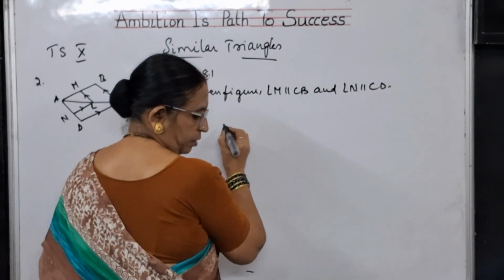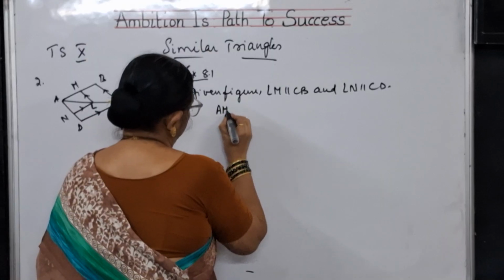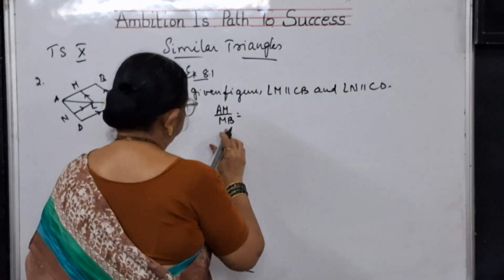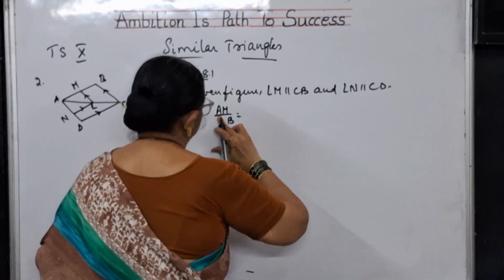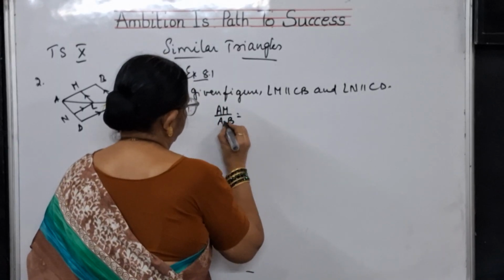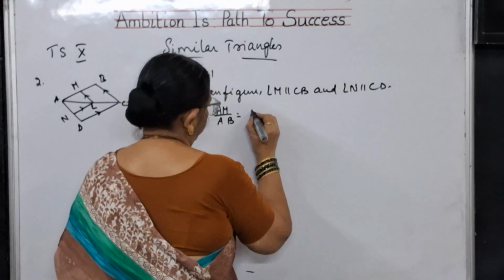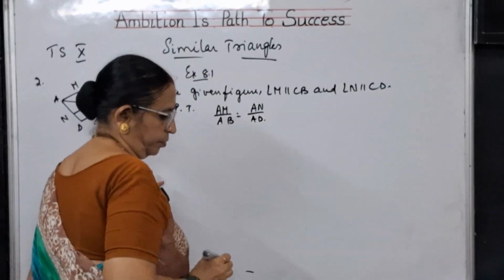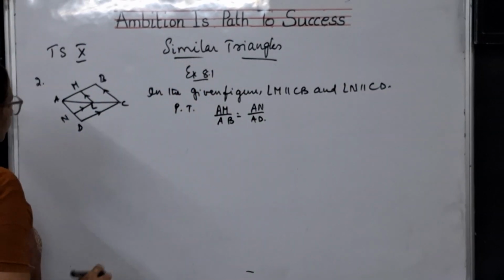Prove that AM by AB is equal to AN by AD. Okay, this is the problem.